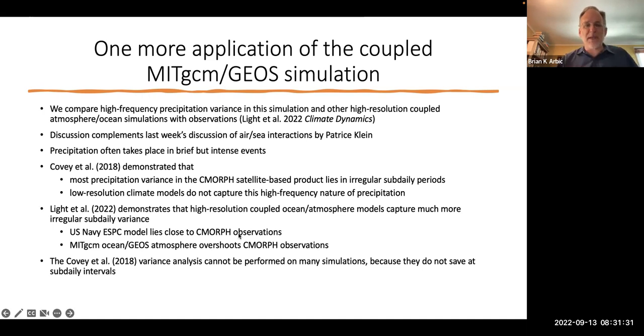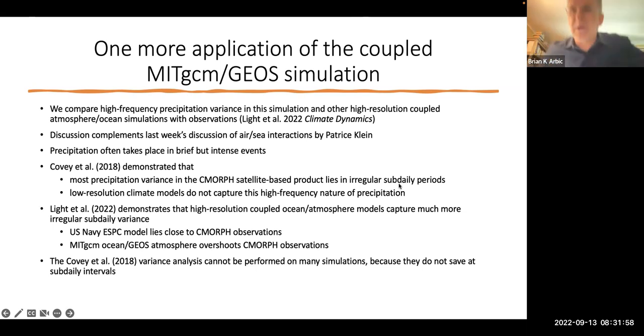The intuition I have, as someone who's never written about precipitation before but lives on planet Earth, is that precipitation often takes place in brief but intense events. Going along with that, a paper by Covey, Trenberth, and others demonstrated that most of the precipitation variance in the CMORPH satellite-based product lies in what they call irregular subdaily periods.